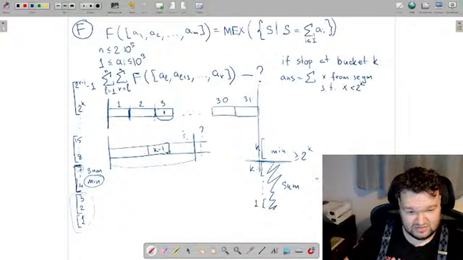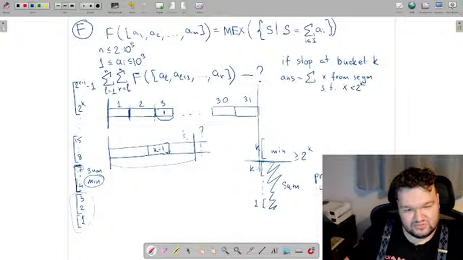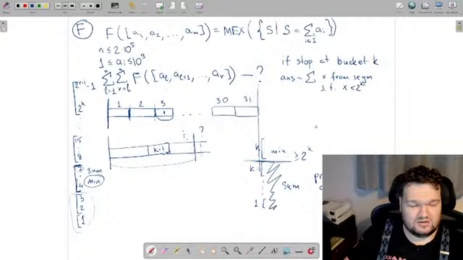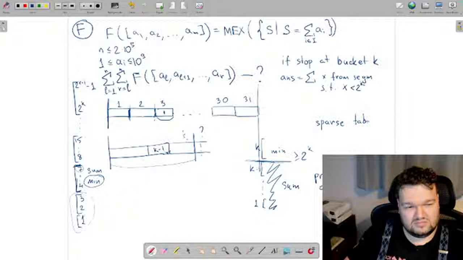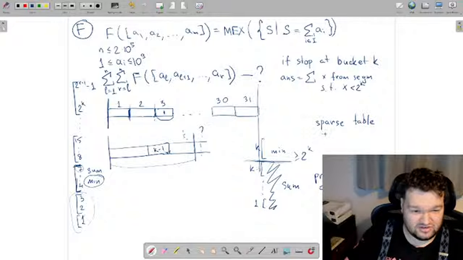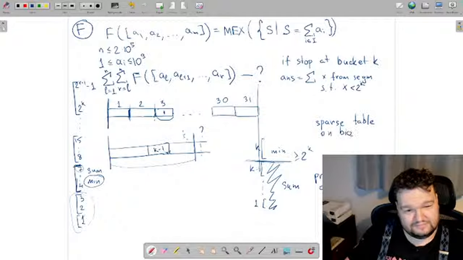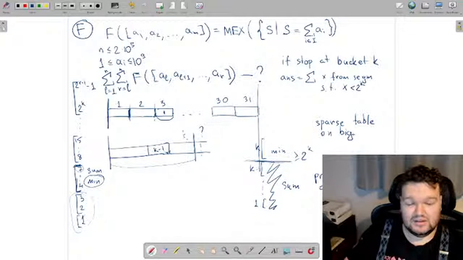So for this, prefix sums on small and sparse table or any range minimum query data structure on big. And that's pretty much it.